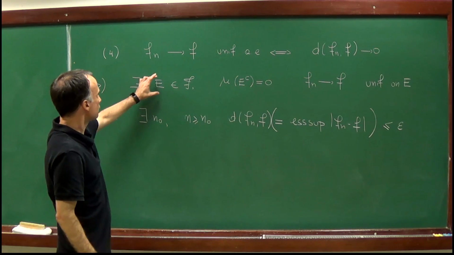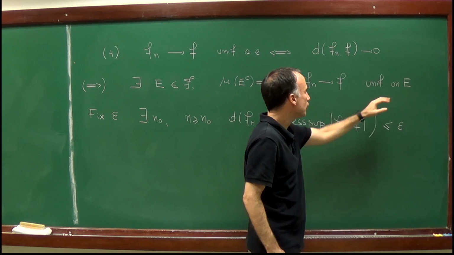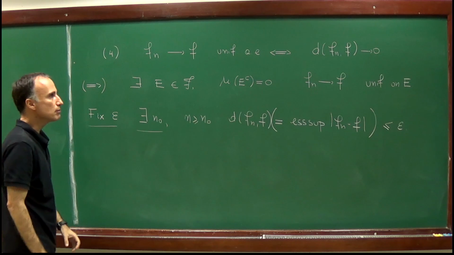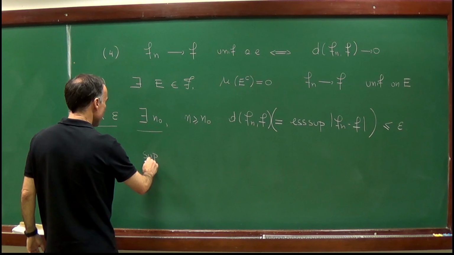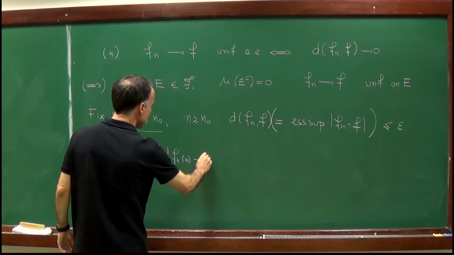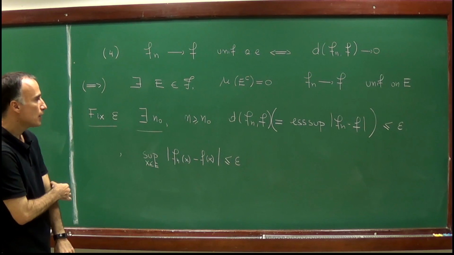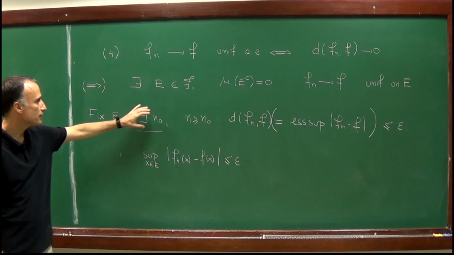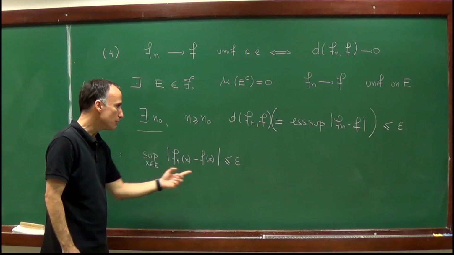Well, so let's use what we know. We know that f_n converges to f uniformly. So for that epsilon fixed, we can find n0 such that the supremum over x in E of |f_n(x) - f(x)| is smaller than epsilon, because f_n is converging to f uniformly on E, which means that given any epsilon, we can find this n0 such that for all n larger than or equal to n0, this supremum is bounded by epsilon.